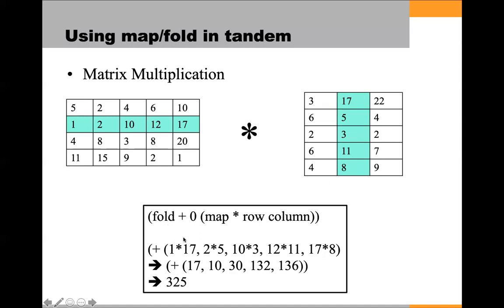Then we fold that result by applying plus and 0 to that result, and that gives us 325. So that's another example. This is a very succinct way of expressing matrix multiplication, or dot product if you prefer to call it dot product.